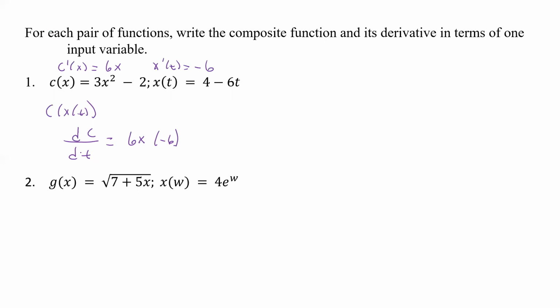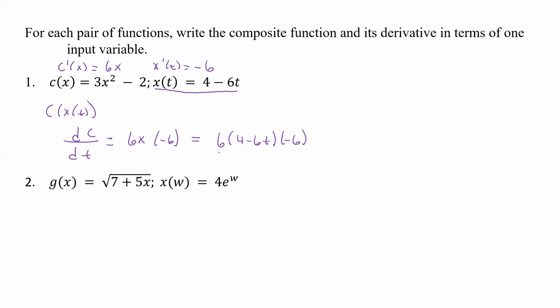We're supposed to be in terms of t, and it's given us terms of x. So there's something wrong here. We do have a value here, and it's 6x, but we need it in terms of t, so we have to plug in x equals that. And so this gives us 6 times (4 minus 6t), and then times our negative 6.